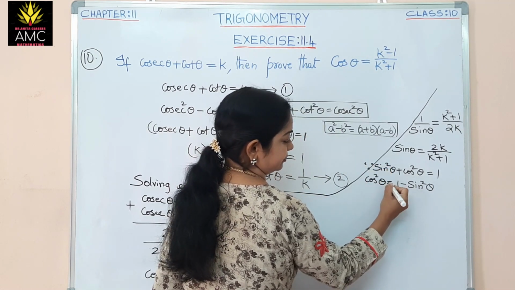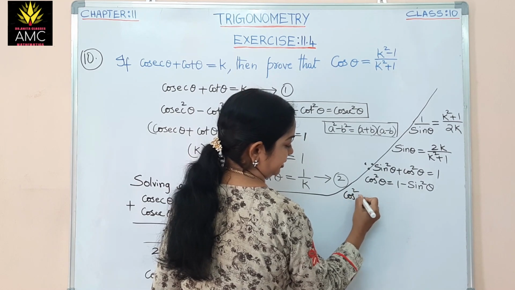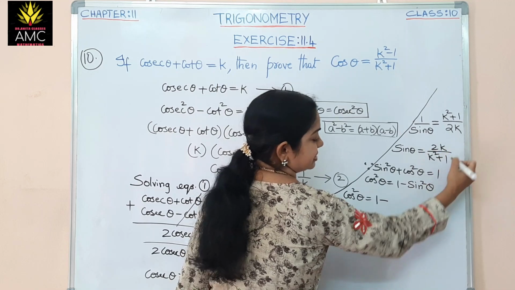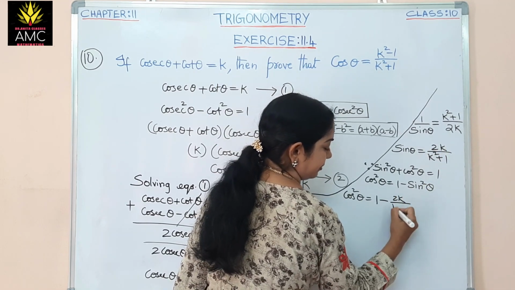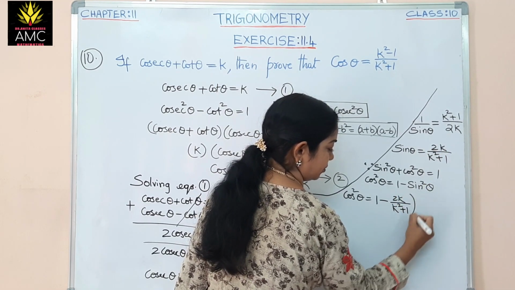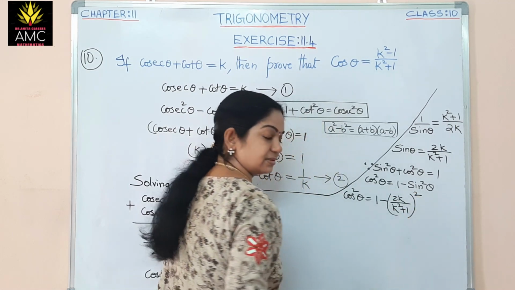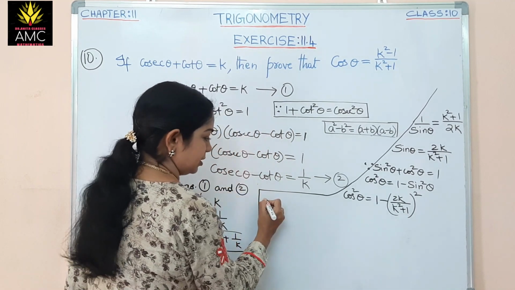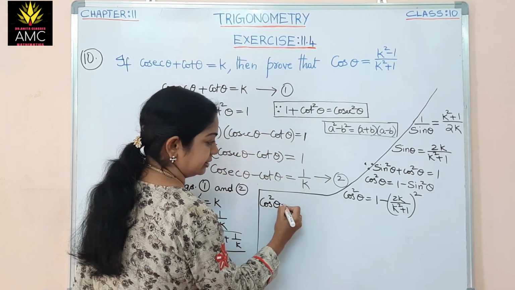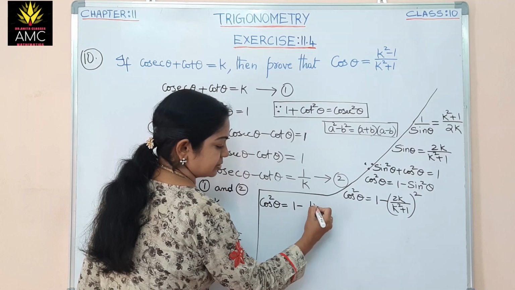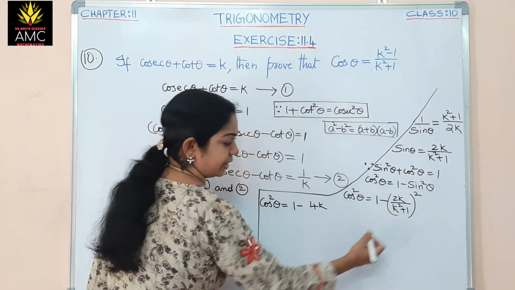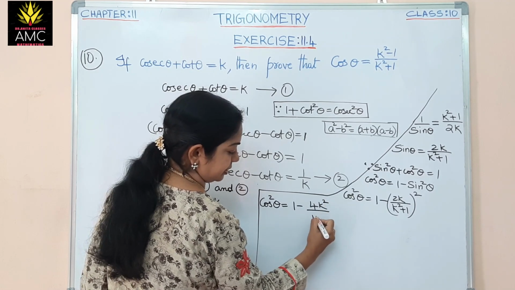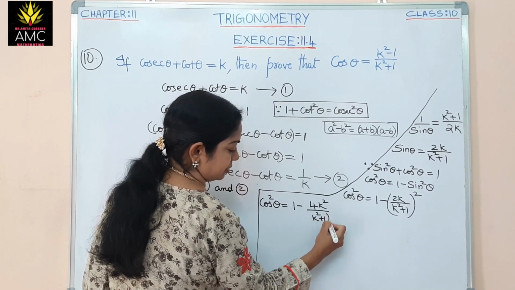Now, here, cos square theta is equal to 1 minus sine square. Here sine is this value, so 2k over k square plus 1, whole square. Isn't it? Let me write this part. Cos square theta is equal to 1 minus, I'll do the squaring part, so 4k square over k square plus 1 whole square.